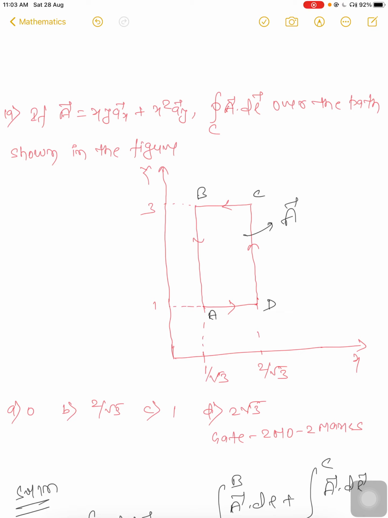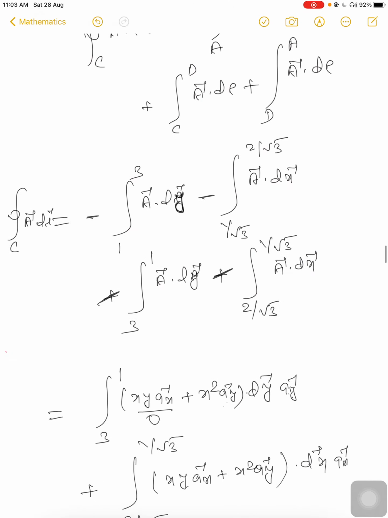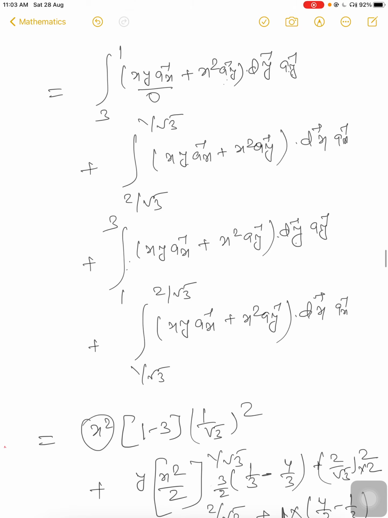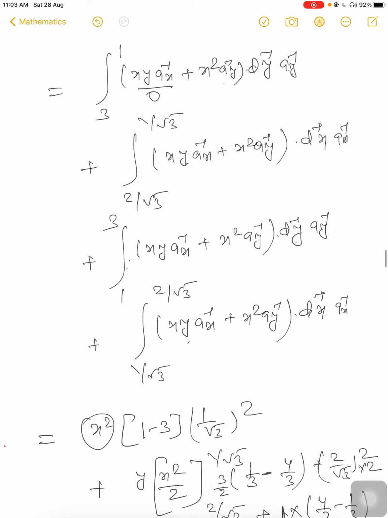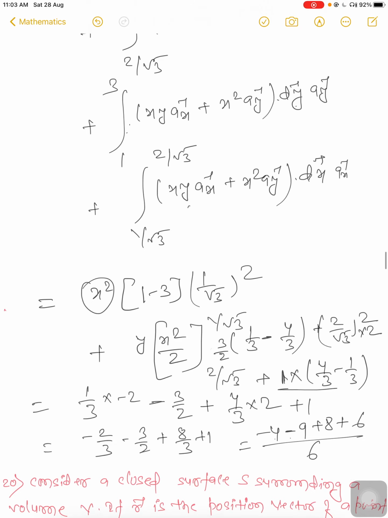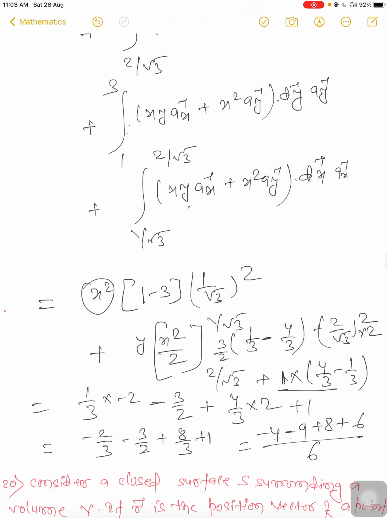Mistake I found, yeah, here is y1 and x square by 2, then x square by 2.